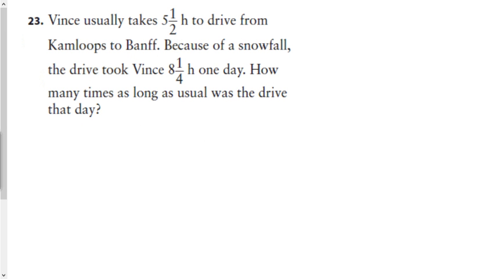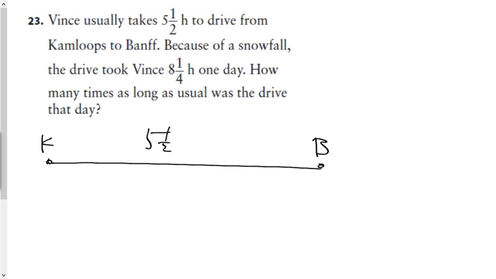Question 23 says Vince usually takes 5.5 hours to drive from Kamloops to Banff. So from Kamloops to Banff, it's usually 5.5 hours. But because of snowfall, this Kamloops to Banff trip took 8.25 hours. How many times as long is this to drive?